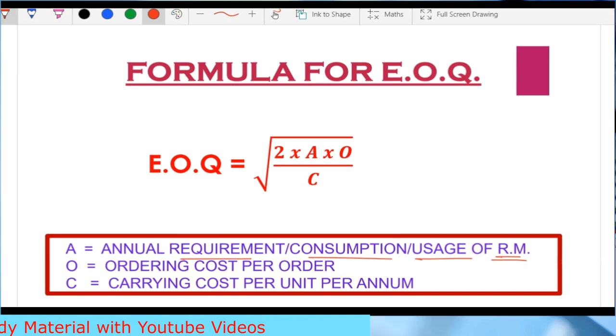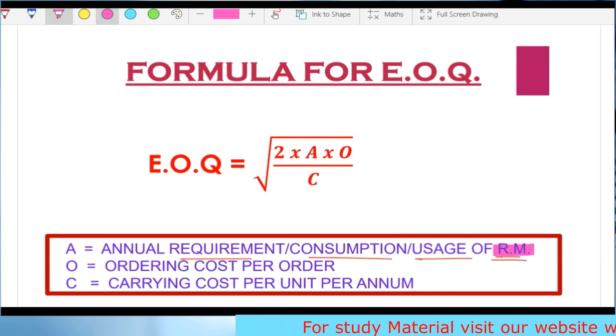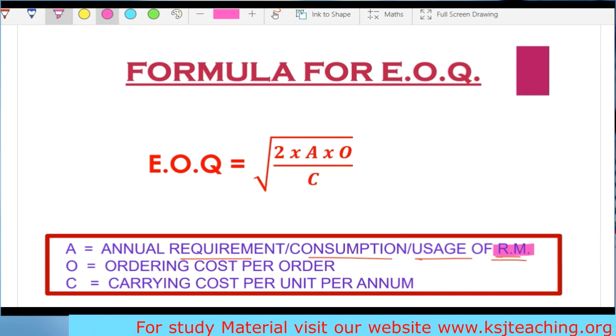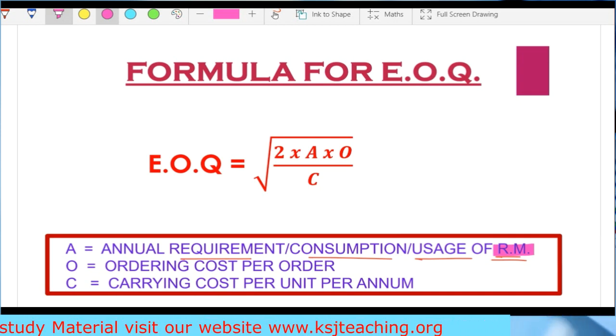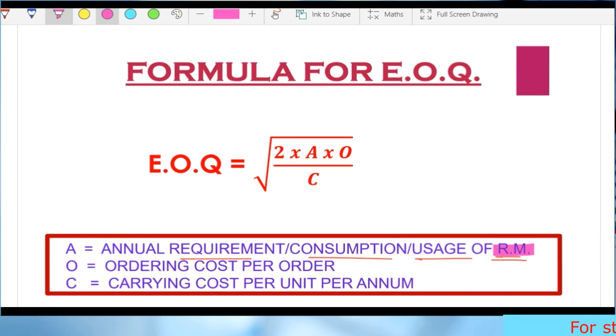Now, the most important thing you need to remember here is that we are talking about the raw material only, because in the examination they will give you the requirement of the finished goods as well as the raw material to confuse you. 99.9% of the time students take the annual requirement of finished goods, and that is where the first step of EOQ goes wrong, right?